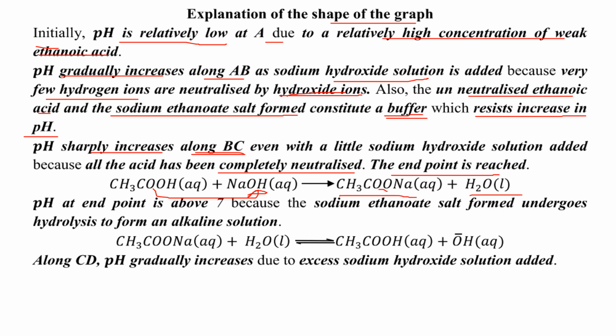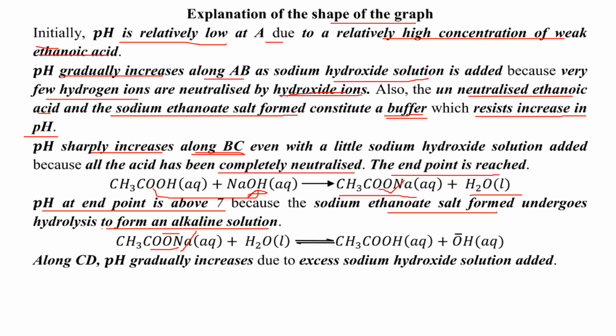But for the sodium ethanoate salt formed, remember the third point I told you about is about pH. It's saying that the pH at the end point is going to be above 7, because the sodium ethanoate salt being formed undergoes what we call ionic hydrolysis to form an alkaline solution. So for sodium ethanoate, someone else can first ionize it so that you remain with ethanoate ions only, and you cancel the sodium.